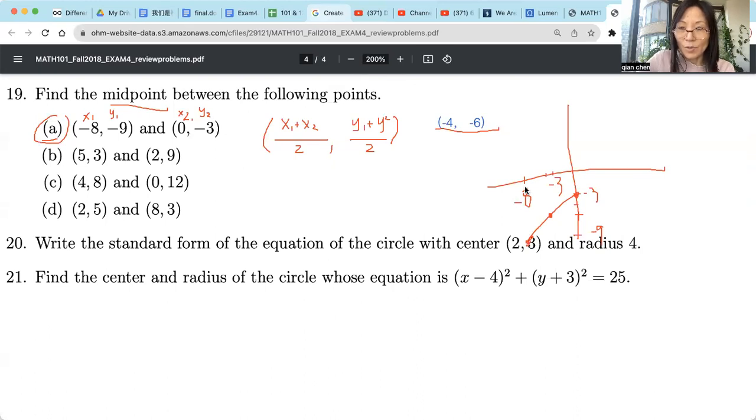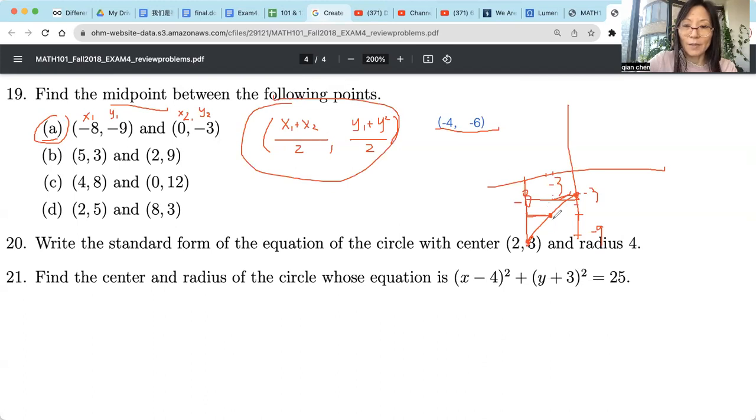You can imagine a triangle from here, and also this triangle. So we have similar triangles. You can go through the ratio to think about this point, or use our formula.